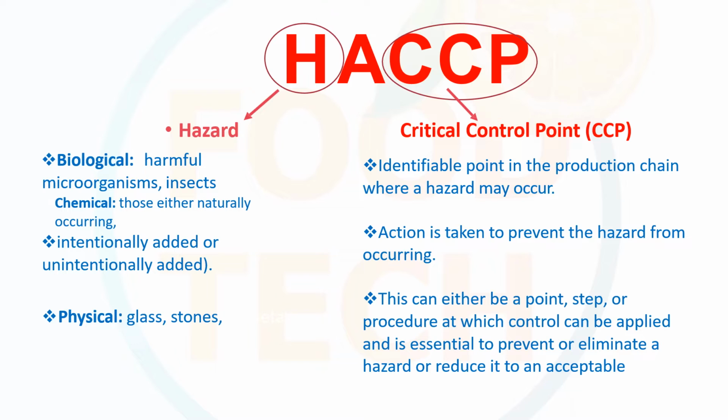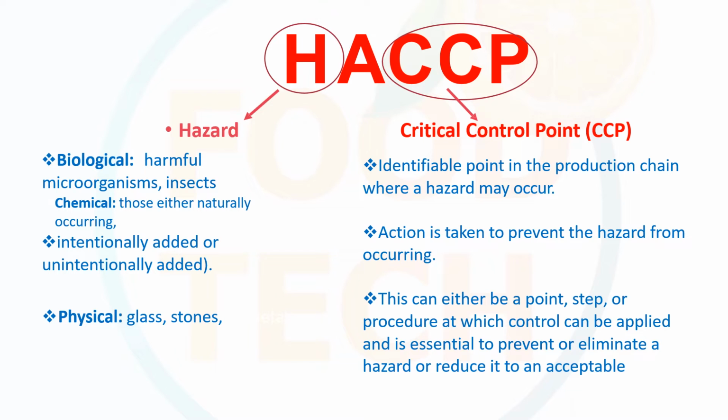Biological hazards are those which are caused by microorganisms, or anything related to microorganisms or any other organism. Chemical hazards are mainly related to toxin formation in the food by chemical compounds which are added intentionally or unintentionally into it, like additives. So this comes under chemical.